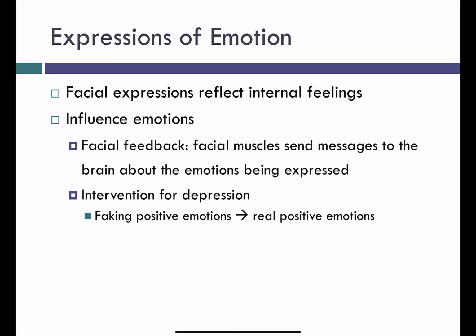For example, people were asked to hold a pencil in their mouth in a way that made them essentially smile without using the word smile, or a way that made them frown. And what they found was the people who were smiling without being told to smile actually reported feeling happier than the people who were frowning. So the muscles on their faces actually sent a signal to make them happy. So this has some interesting interventions for things like depression, where maybe if we have people fake positive emotions, it could potentially lead to real positive emotions.